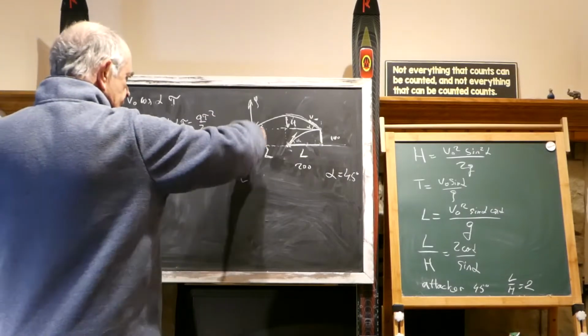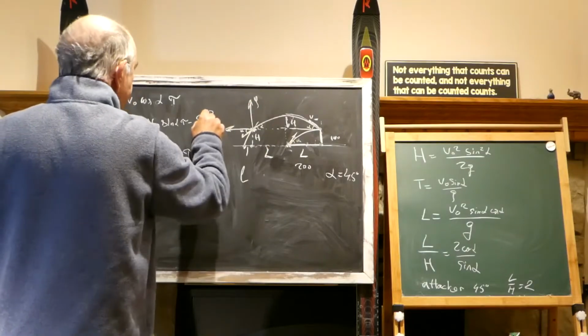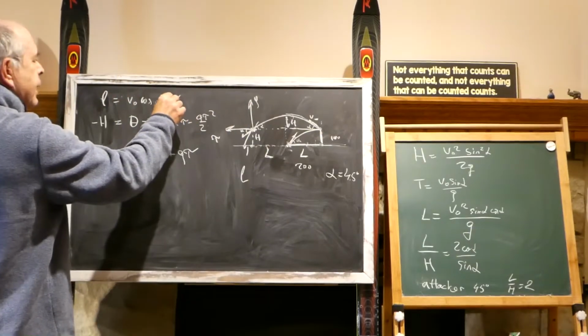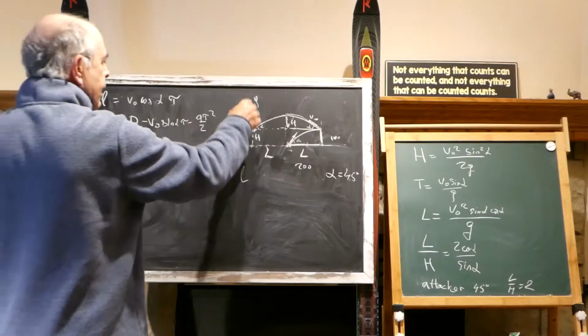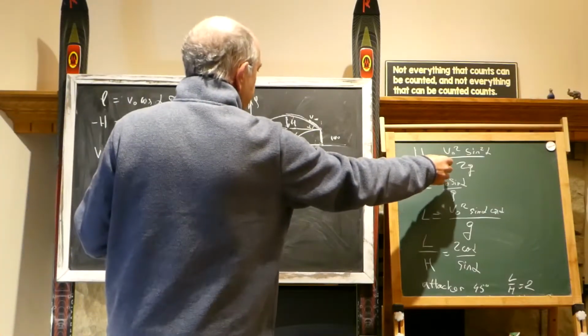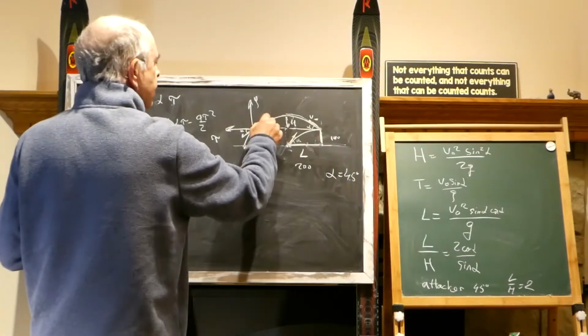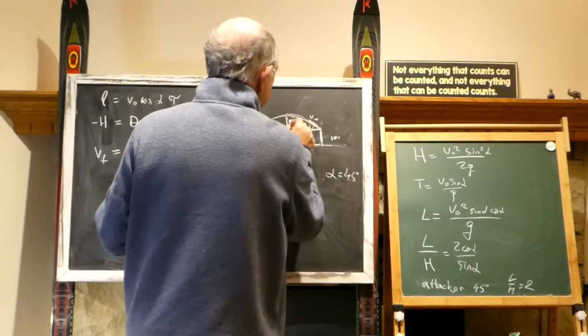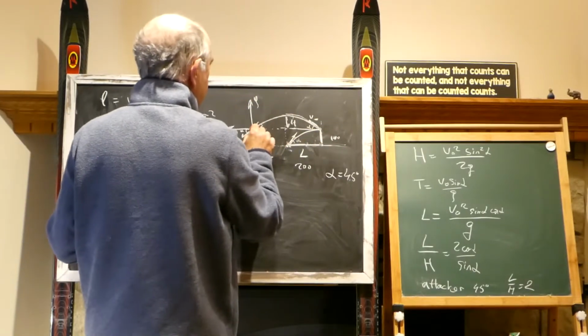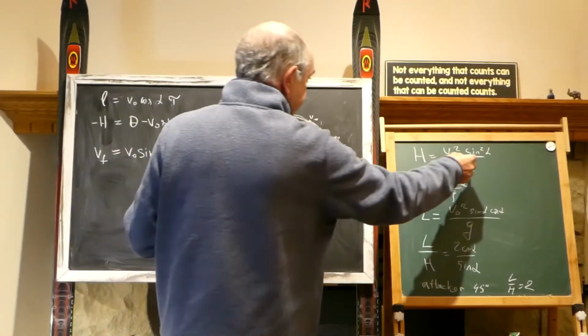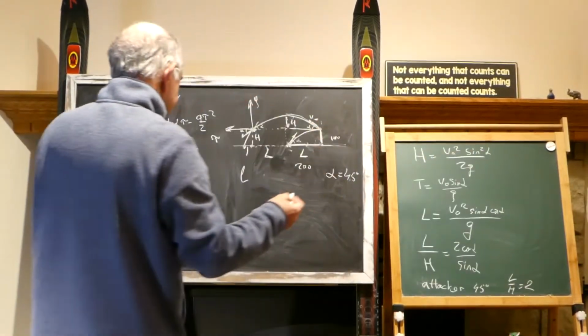As always, vertical movement defines tau, the time, and the height. The height we will know here, because this is the height, and this formula is applicable to this part, and this is the sine alpha.